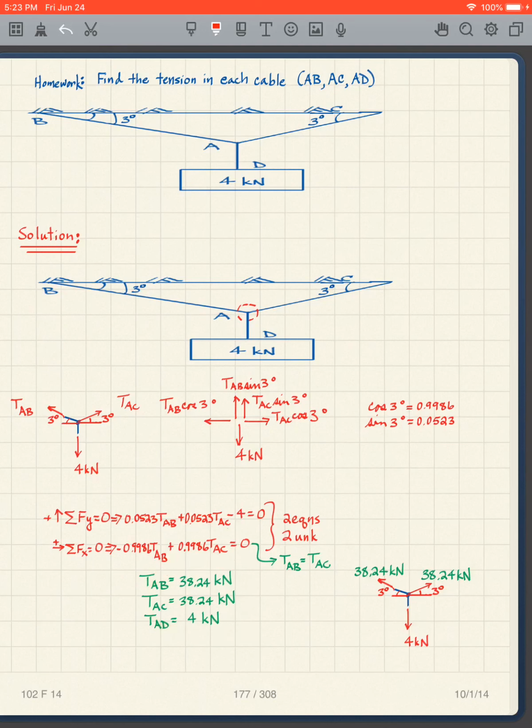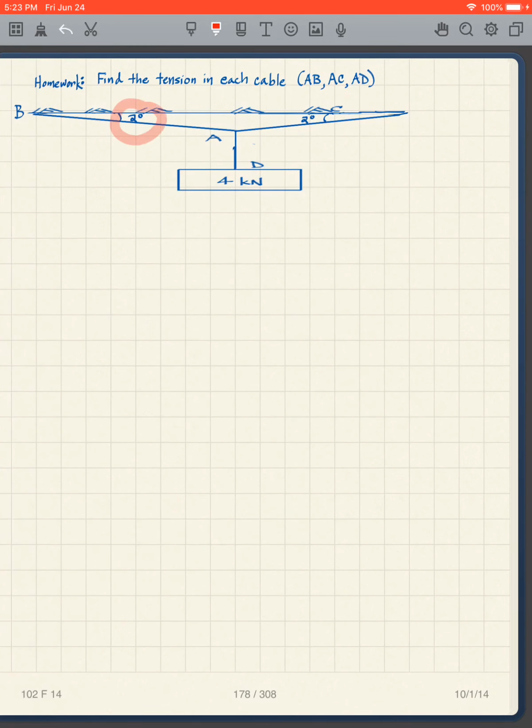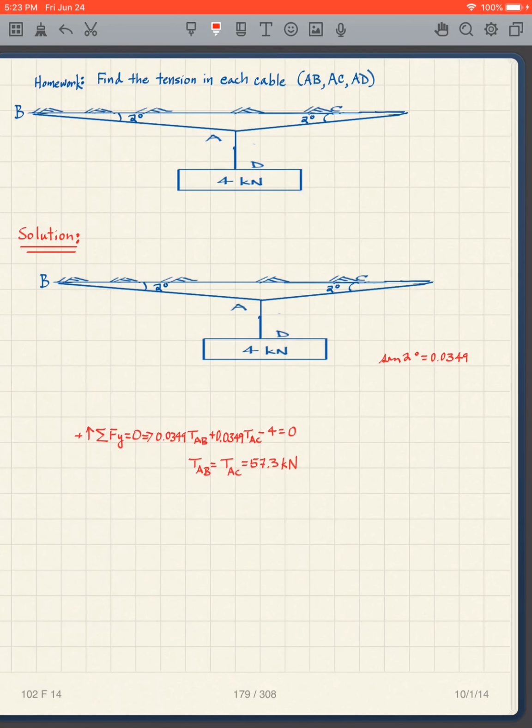Let's do it, so I'll give you this homework problem now. It's 2 degrees. So do that one real quickly, pause it. You should be able to solve this one quickly because, again, TAB and TAC are equal. Okay, what's the answer?